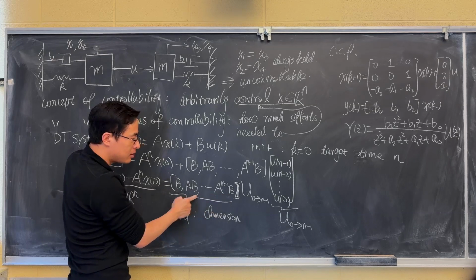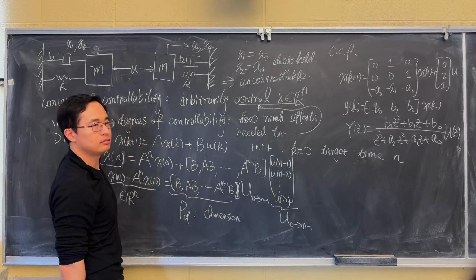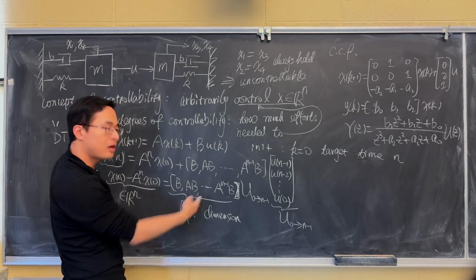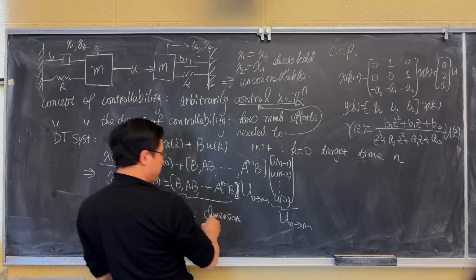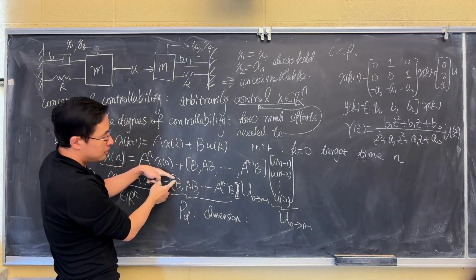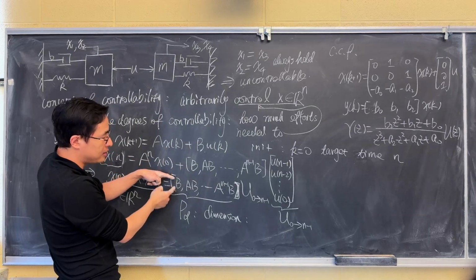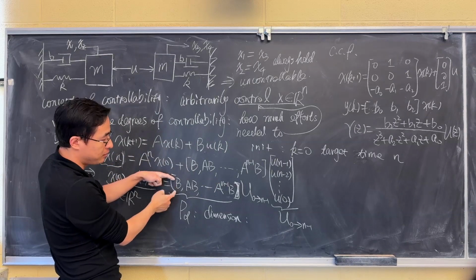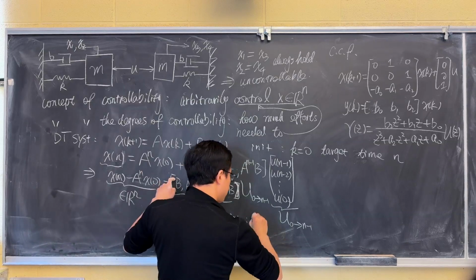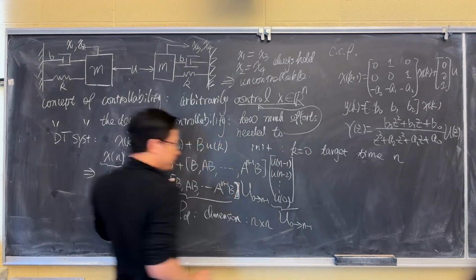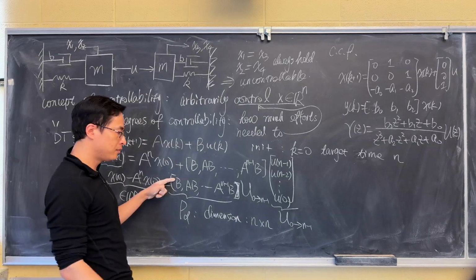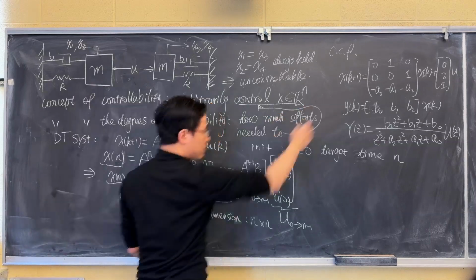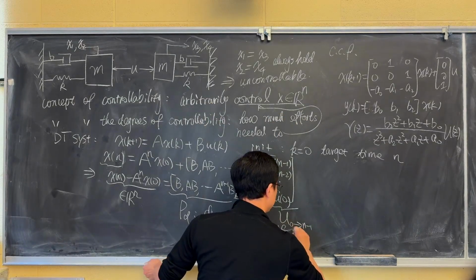How many columns are there? N columns. The number of rows is the same as the number of rows in B, so there are n rows and n columns if it's a single input.